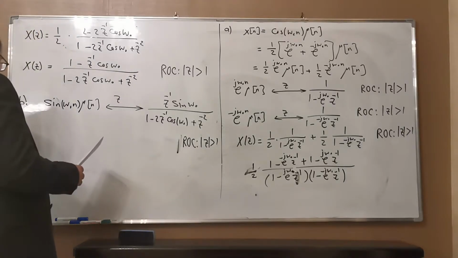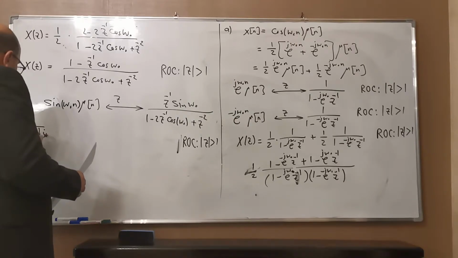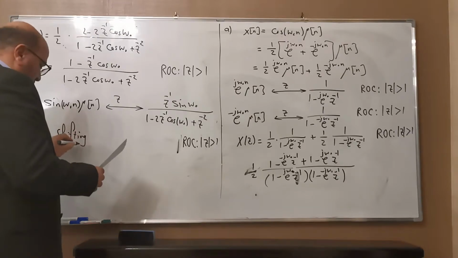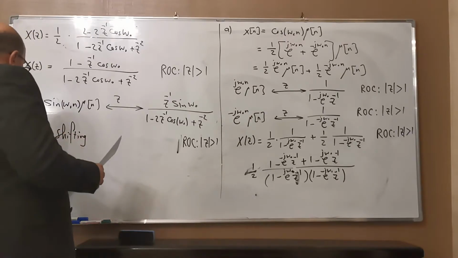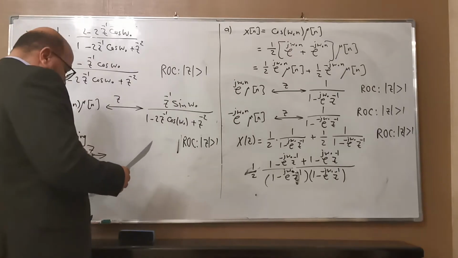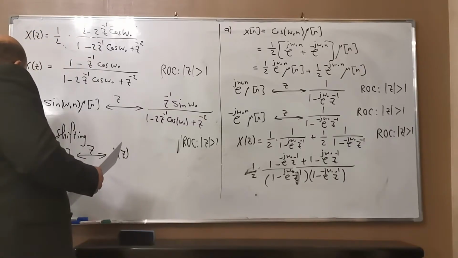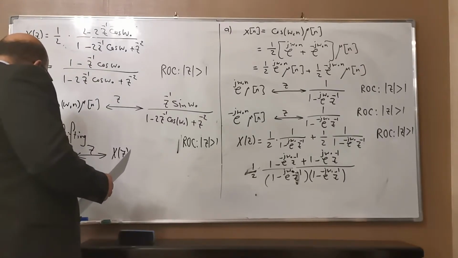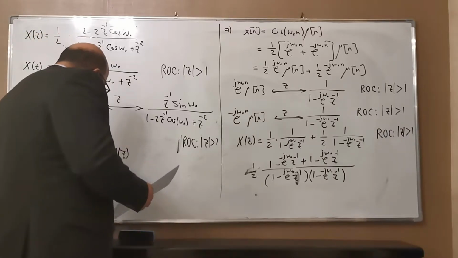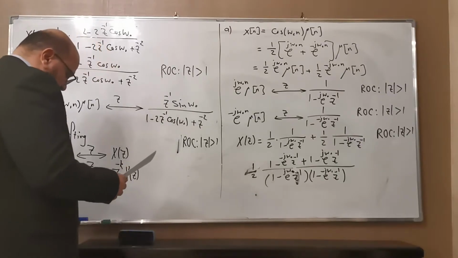The second property, or the second theorem, is time shifting. If you have x of n that has the z transform X of z, then x of n minus k has the z transform z to the minus k X of z.